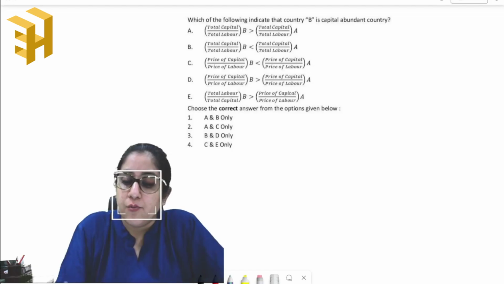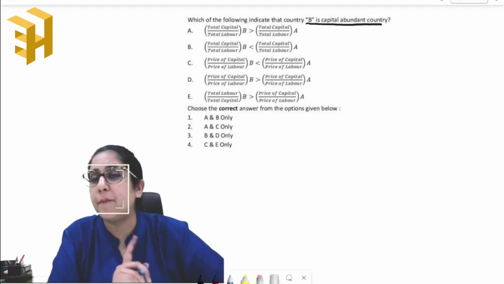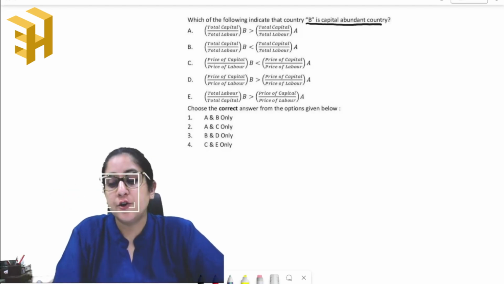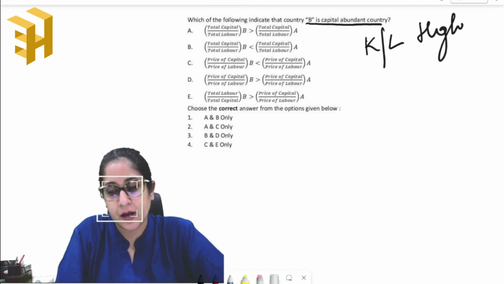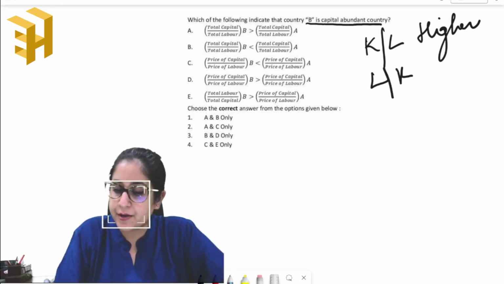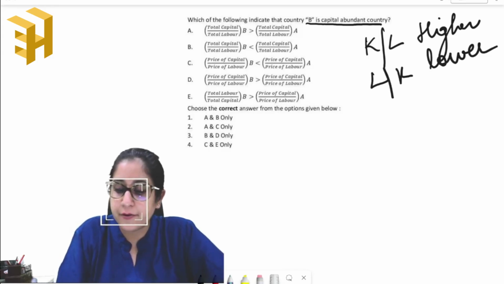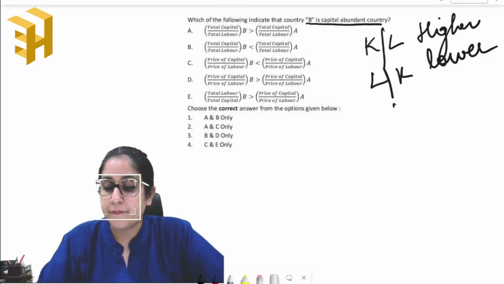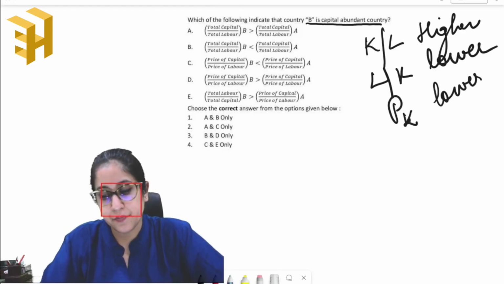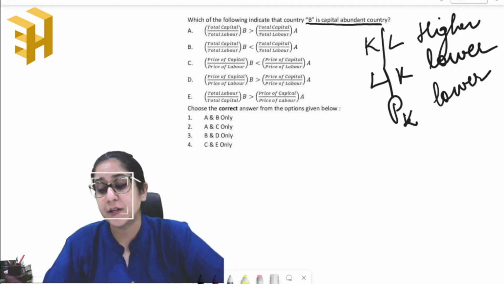Next question. Which of the following indicate that country B is a capital abundant country? Now capital abundant means firstly your capital labor ratio will be higher, right? Labor capital ratio would be lower, okay, and price of capital will be lower because it is a capital abundant country.